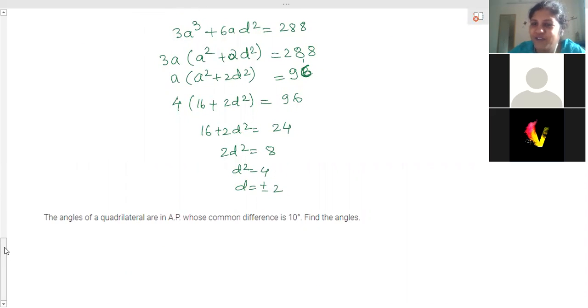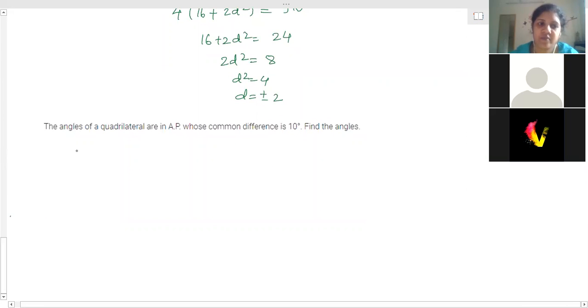Now here, only for this question, that won't work out. The reason behind that: what you have considered for the 4 terms, what is the difference? What difference did you get when you consider A minus 3D, A minus D, A plus D, and A plus 3D?